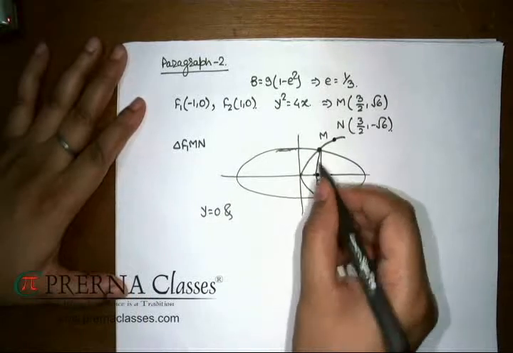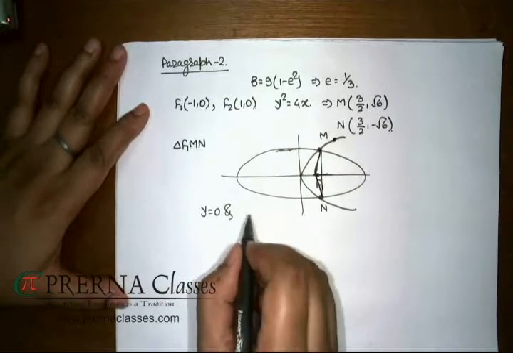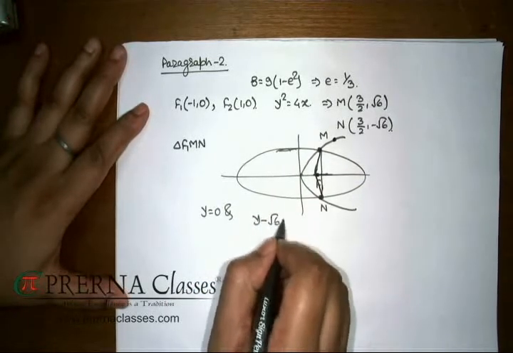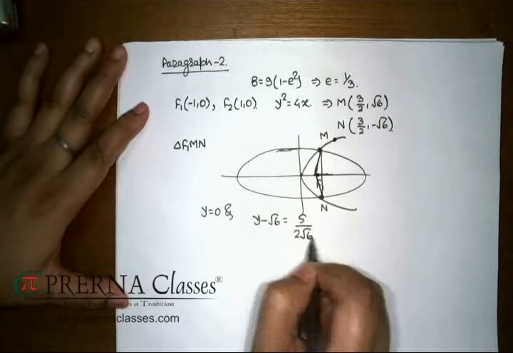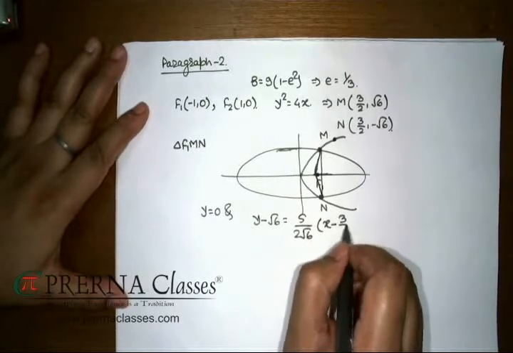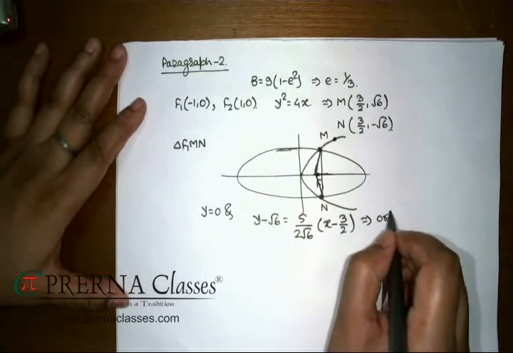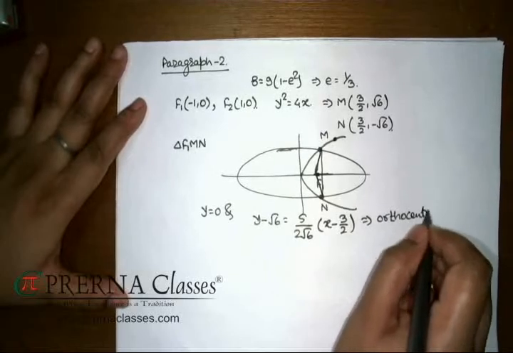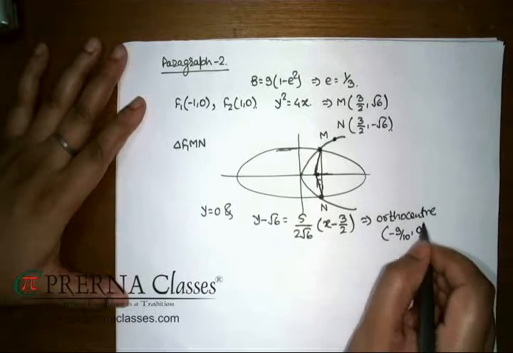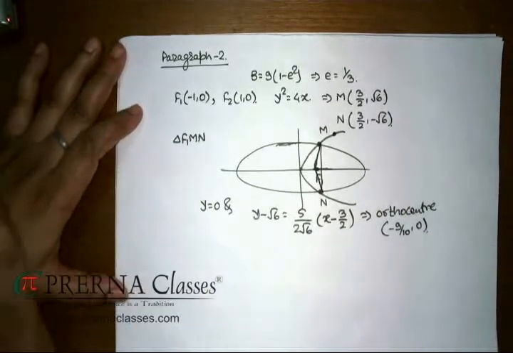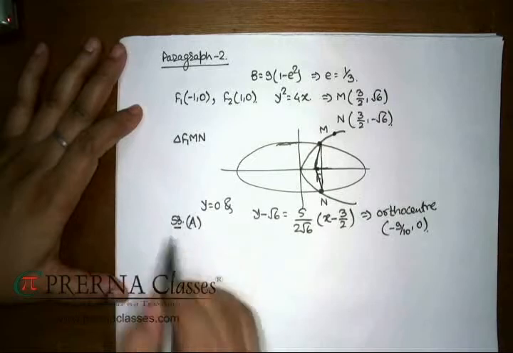So we need to solve this altitude with some other altitude. Let me consider that altitude as, solving these two equations. You can check the orthocenter is going to lie at (-9/10, 0), which is matching with the option A in that problem as far as the first problem is concerned.